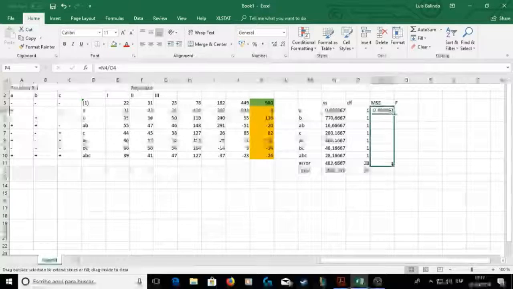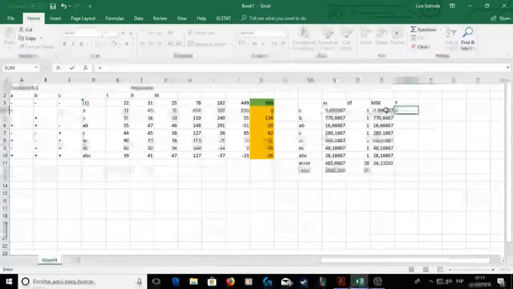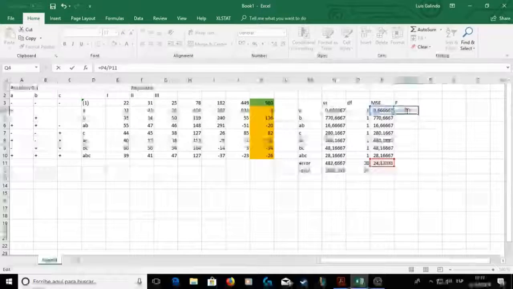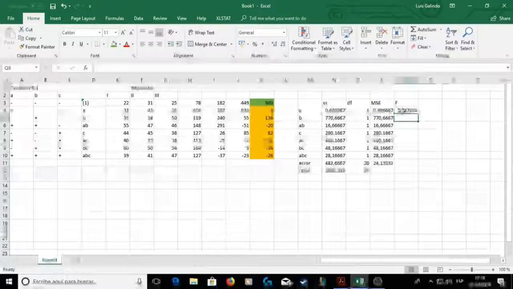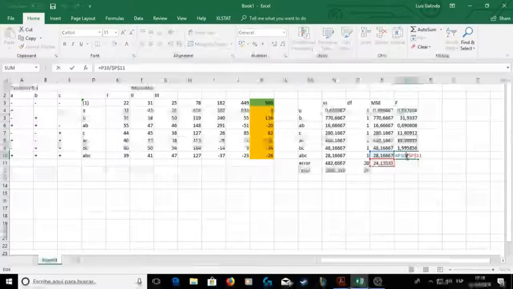Run it for the whole thing, and Fisher is equal to this one over the error. We are going to anchor the error so we can run the formula to all the others without it moving. There it is. Let me check. Yes.